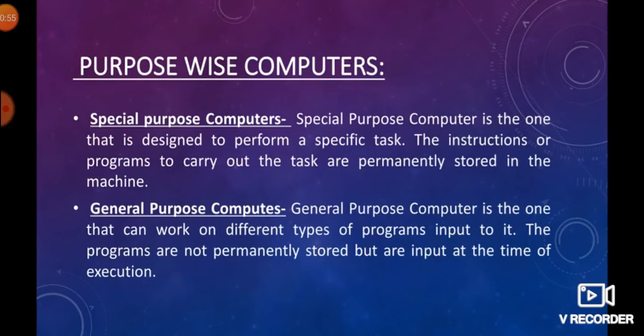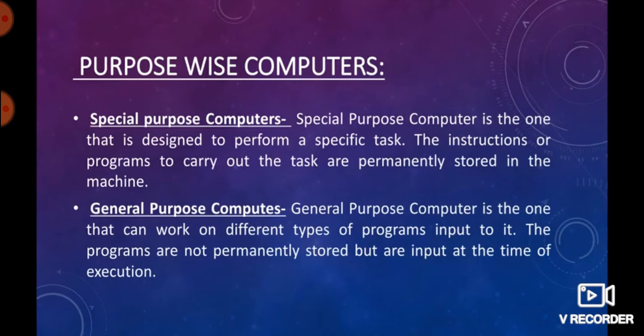So according to the purpose, special purpose computers are the computers which are designed to perform a specific task. The instructions or programs to carry out the task are permanently stored in the machine. Like if any system is developed for doing a particular task, it will perform that task only, it will not perform any other task.